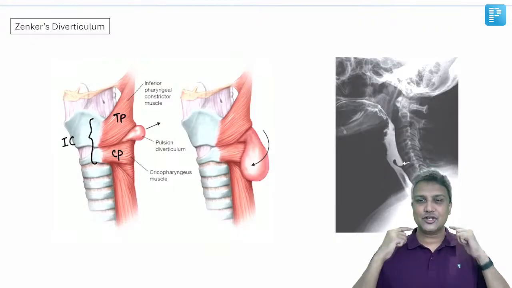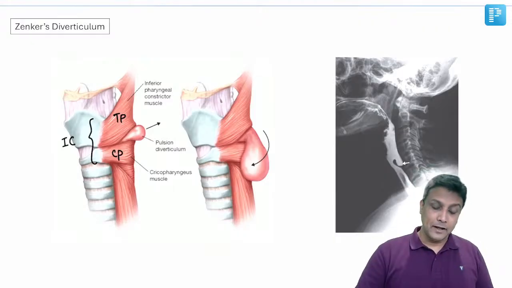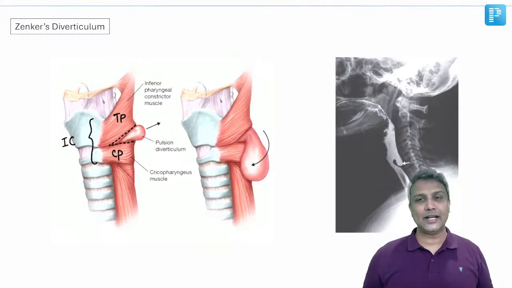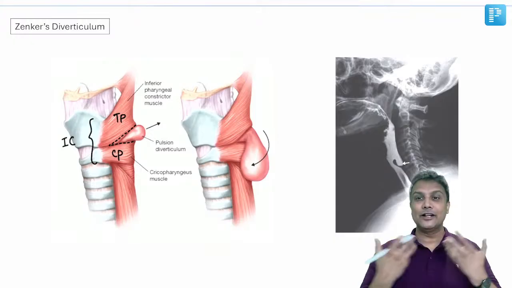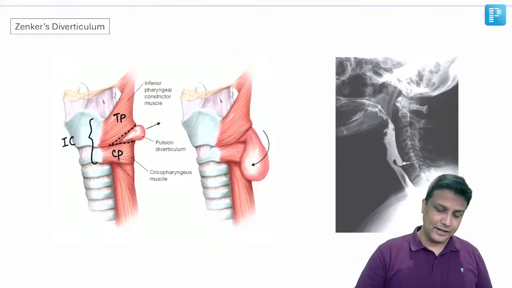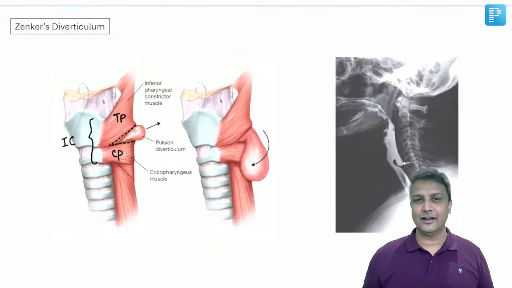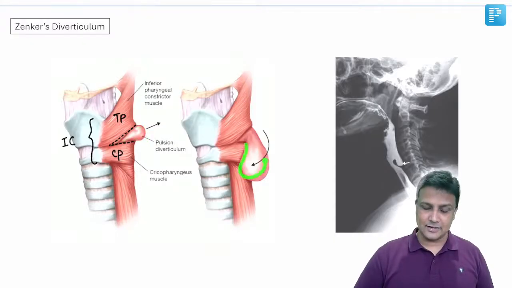One is thyropharyngeus, another one is cricopharyngeus. Now between these 2 muscles, there will be a triangular area of weakness, and that weak area is referred to as Killian's dehiscence. And in elderly people, when they are coughing and all, when there is a force applied on the wall of the pharynx, then there will be a diverticulum coming out from here, and that diverticulum will be referred to as Zenker's diverticulum.